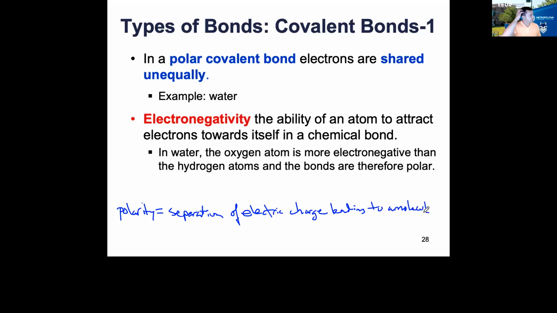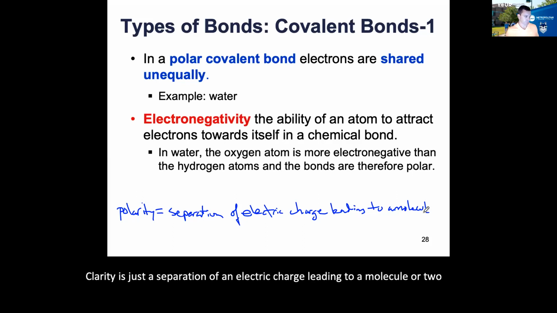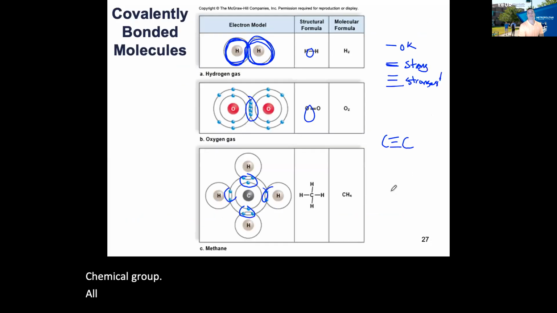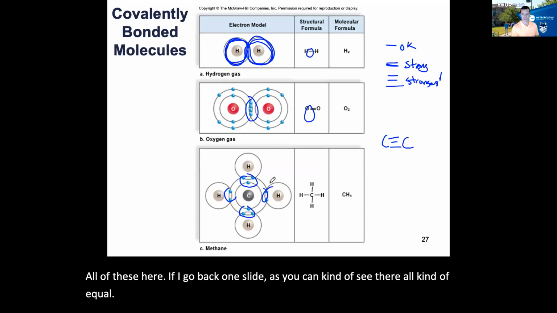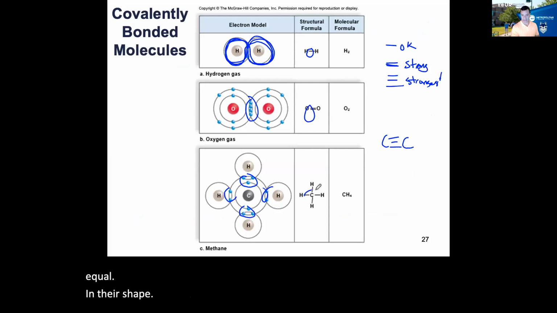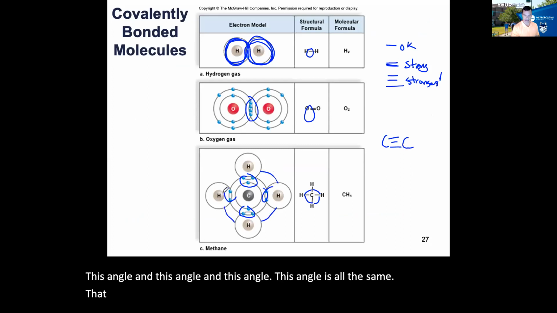Polarity is just a separation of an electric charge leading to a molecule or its chemical group. All of these here, if I go back one slide, they're all equal in their shape. This angle and this angle and this angle and this angle is all the same. That angle and that angle and that angle and that angle are all the same.